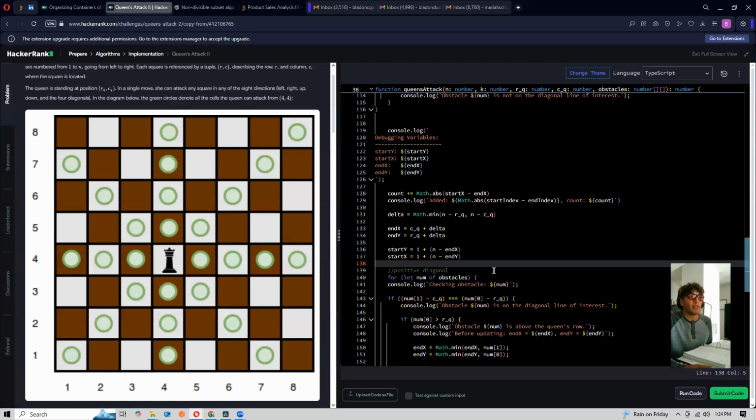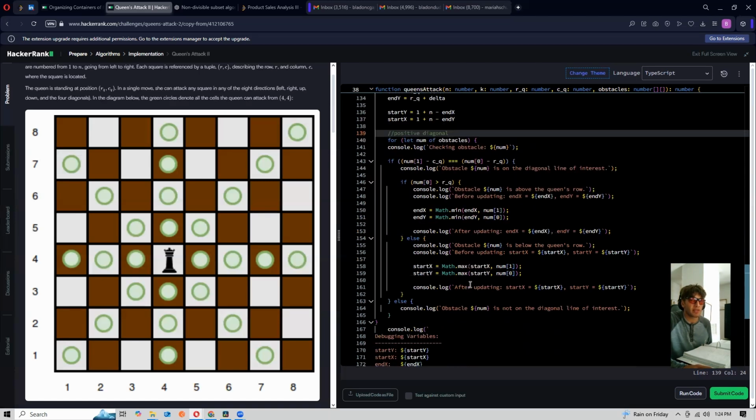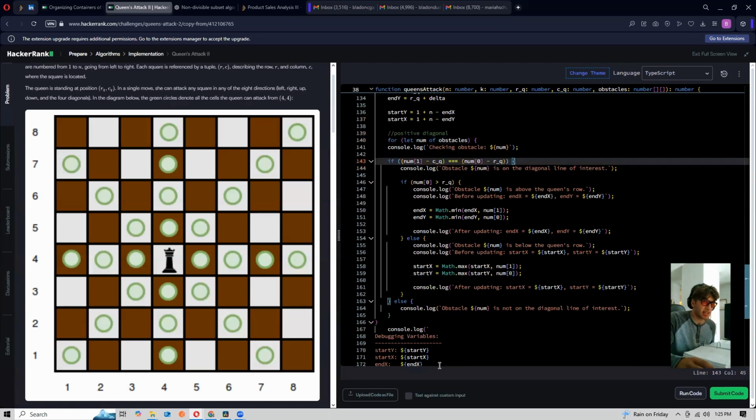Then if you move down to the positive diagonal, we follow basically the same process. We confirm that the obstacle lies on the diagonal path, by checking the same property of diagonals. If our obstacle's position was 5, 5, right? You would say 5 minus 4 is 1, 5 minus 4 is again 1, and those equal each other.